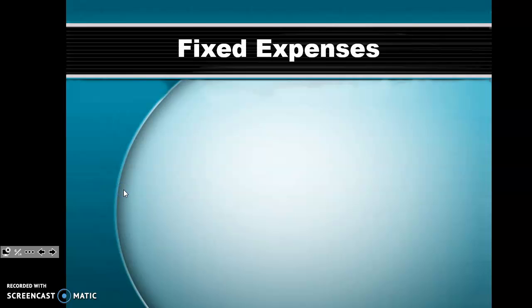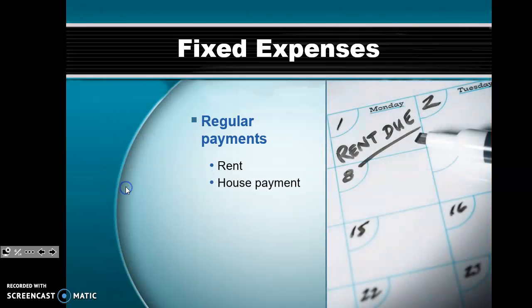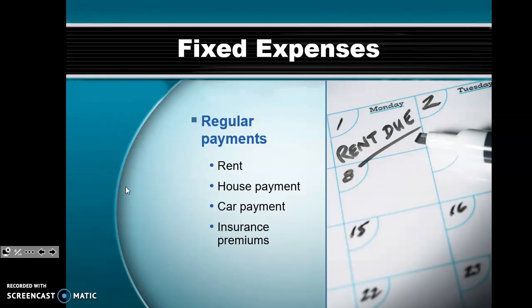So fixed expenses are expenses that are regular payments, such as rent, a house payment, a car payment, or insurance premiums. They're the same amount every month at the same time every month. So you know that they won't be changed.